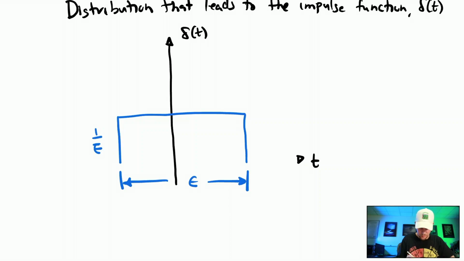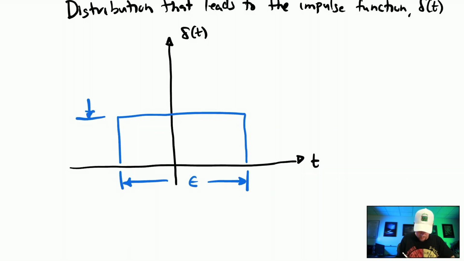Notice that by its property, the area, well, its length times its width, its area happens to be 1.